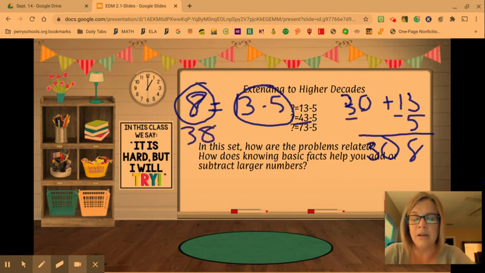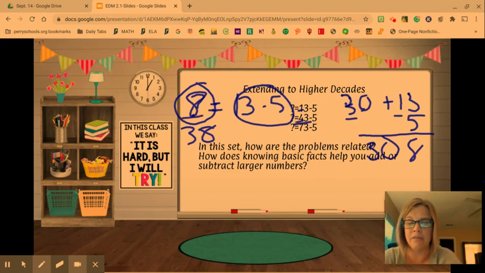Now, another thing that I could notice is that my answer, 13 minus 5 is 8, is that my ones place or my tens place decreases by 1 in the answer. So my answer of 43 minus 5, my tens place is going to need to decrease by 1 as well. So 4, and then I decrease my tens place 1. That is going to give me 3.